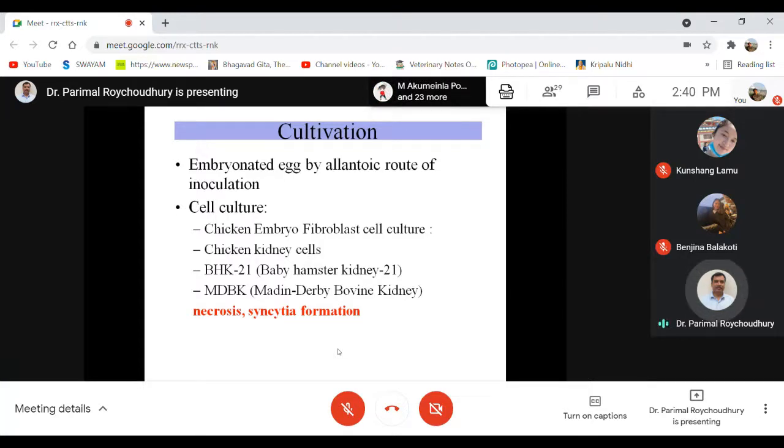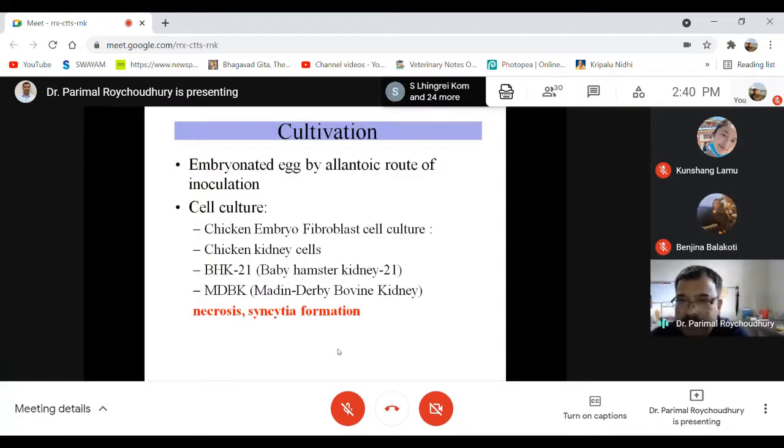Some are a moderate strain, we call the mesogenic strain, which can kill between 60 to 90 hours, and above 90 it's a lentogenic or least virulent virus. Likewise, these three pathotypes are described for NDV: velogenic, mesogenic, and lentogenic.